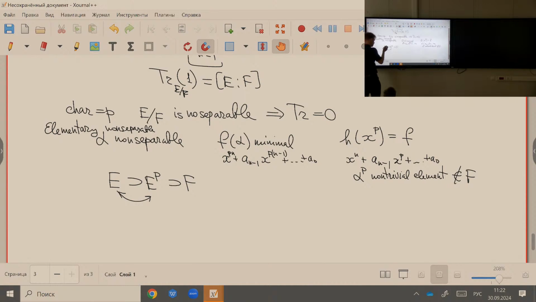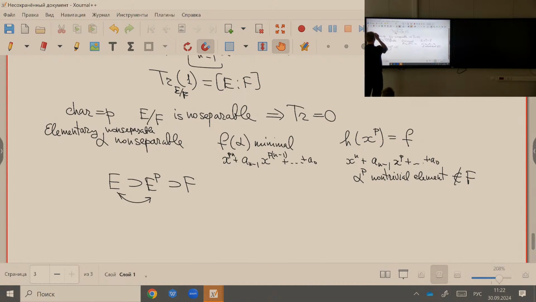And notice that you can calculate the trace of an elementary extension of alpha, where you add alpha over E, and alpha to the p.